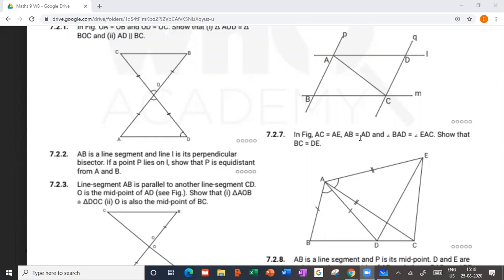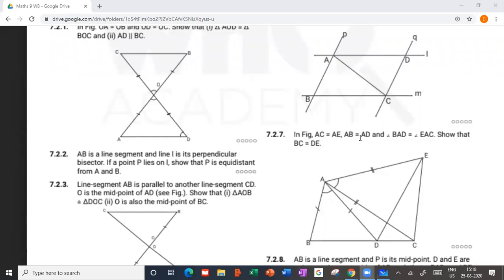Okay, let's take the second one. AB is a line segment and line L is its perpendicular bisector. If a point P lies on L, show that P is equidistant from A and B. Shall we just draw a diagram first for this?